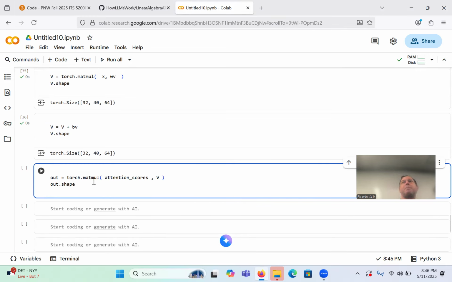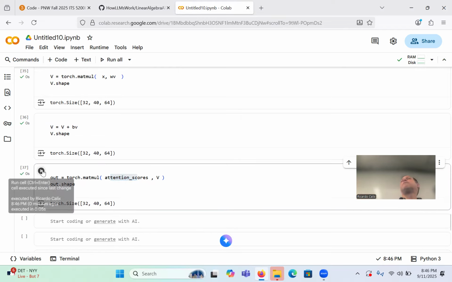Okay, notice torch matmul, the attentions matrix multiplied with V. Do you guys see that? And boom, 32, 40, 64. We're done. I just did one head of the 8 parallel heads.